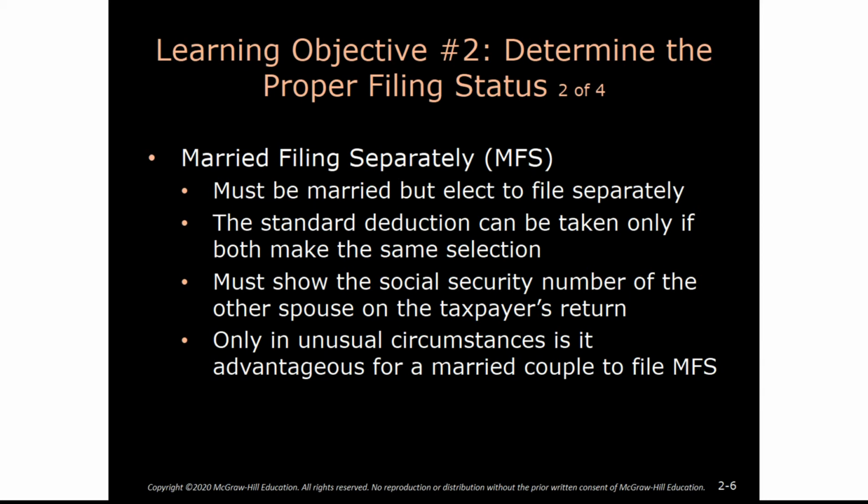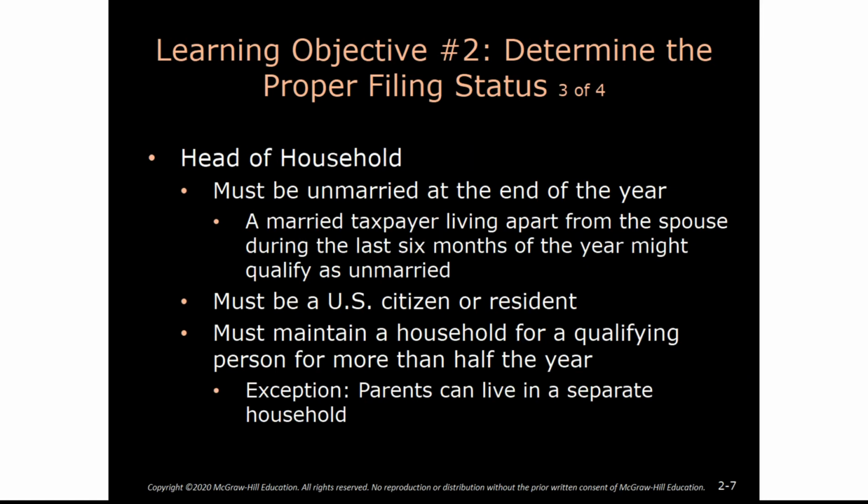Standard deduction can only be taken if both take the standard deduction. Must show the Social Security number of the other spouse on the taxpayer's return as you would if you were married. And as I said, it would have to be an unusual situation for a married couple to file separately and pay less tax with that filing status.